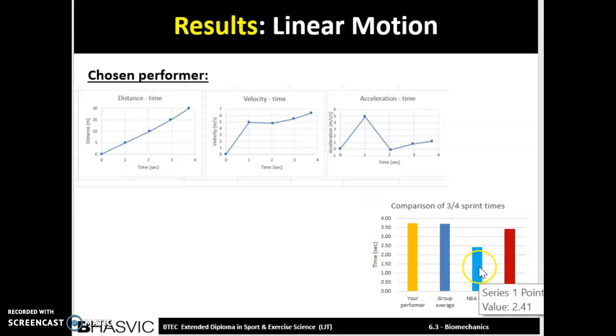And then obviously the NBA elite athlete got about 2.4 seconds in a 20-meter sprint, and another better player in this group of results got about 3.4 seconds approximately. So this could also be something my performer would need to work on. But obviously this would then be further analysed and developed in 6.4.